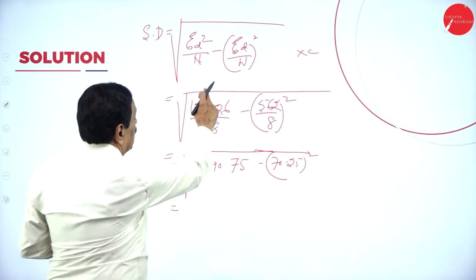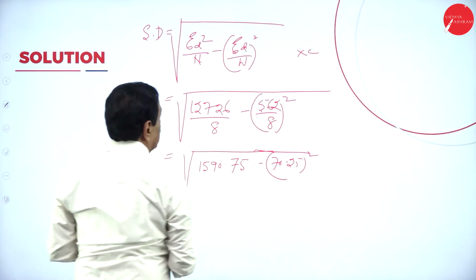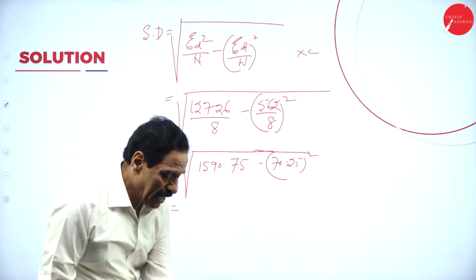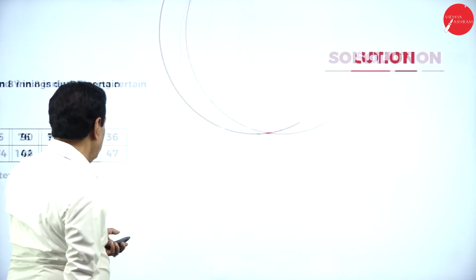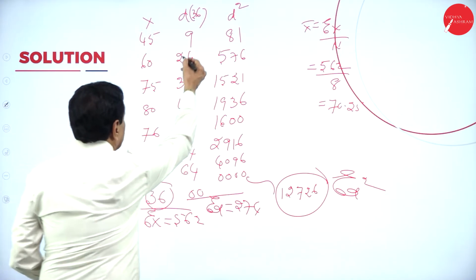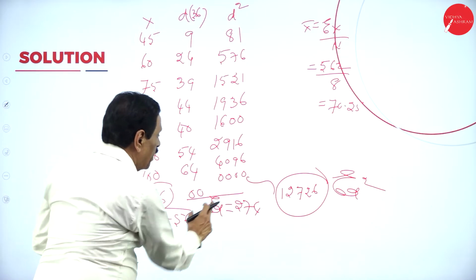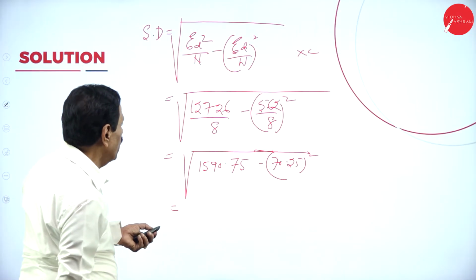This is sigma d square, sigma d divided by n. Your sigma d is as per the problem. What is your sigma d? 274. Sigma d is 274.